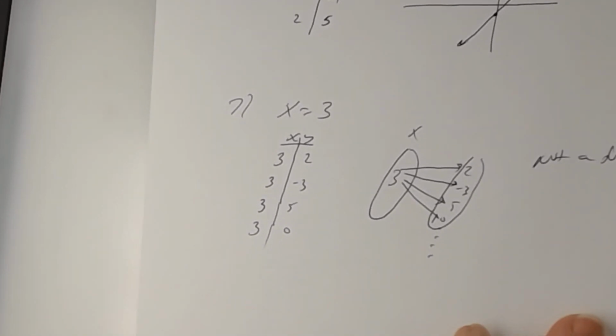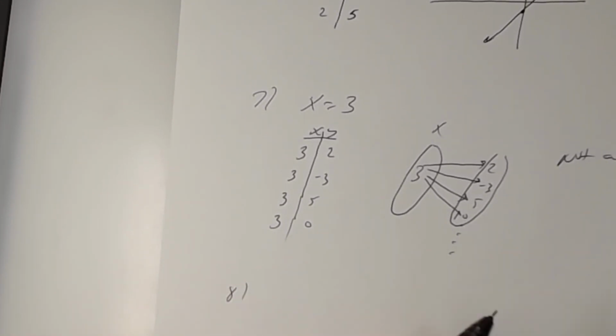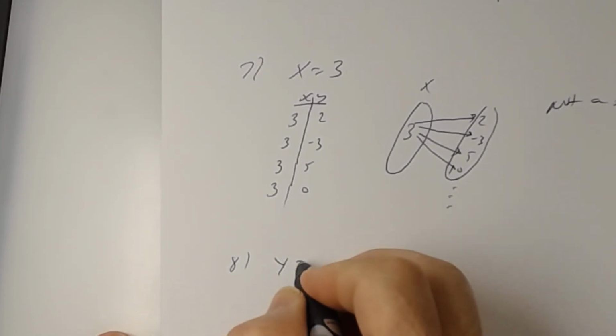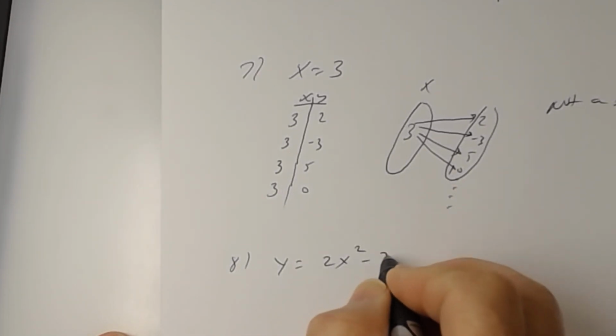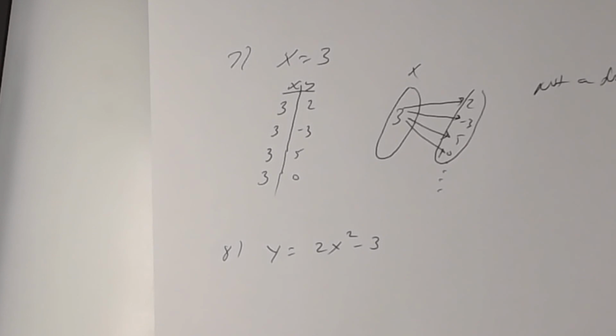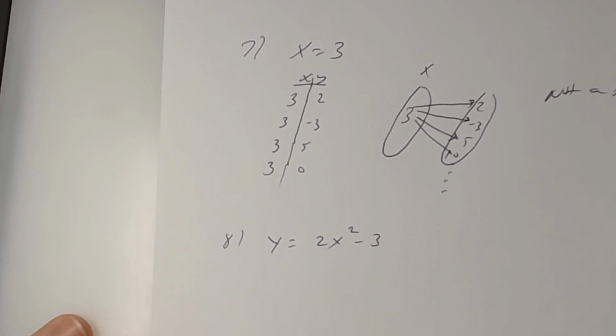Okay. What about number 8? y equals 2x squared minus 3. What kind of relation is this? It's quadratic. What does the graph of a quadratic relation look like? That parabola. So I don't know exactly what this graph looks like, but it's a parabola, right?